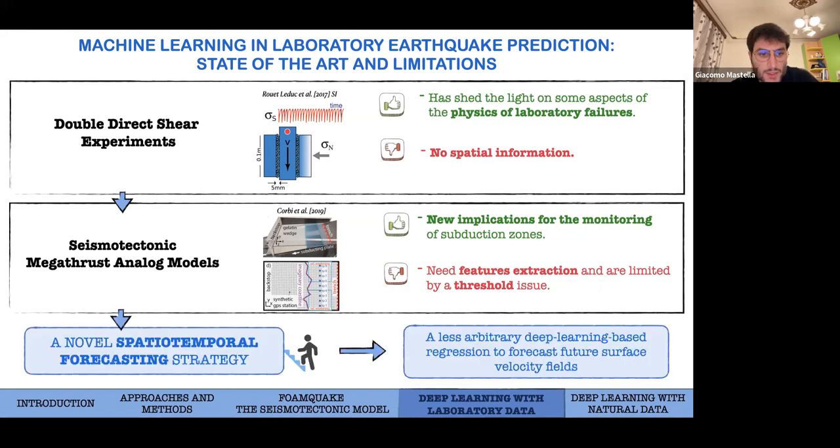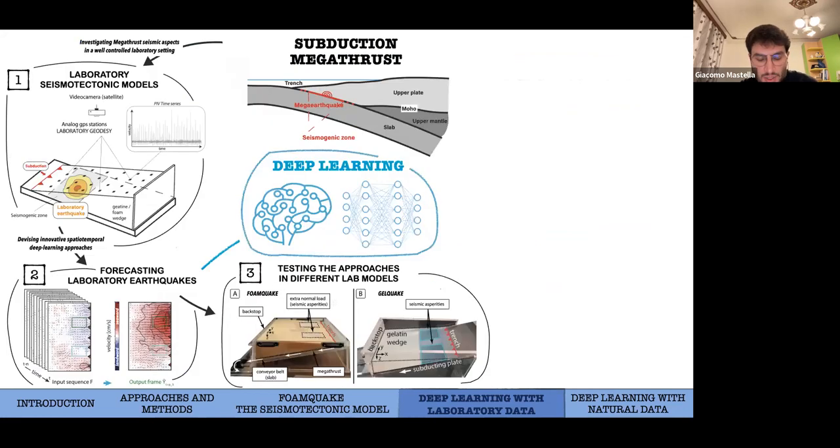So to overcome these problems, we decided to devise a novel spatiotemporal forecasting strategy by taking advantage of less arbitrary deep learning-based regression tools.